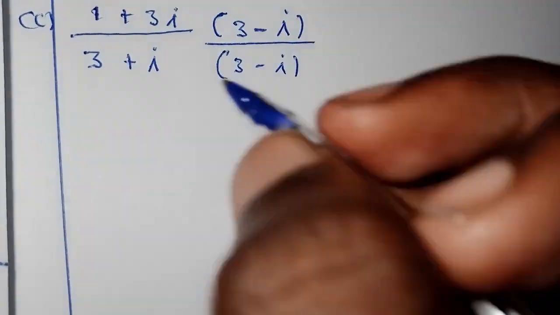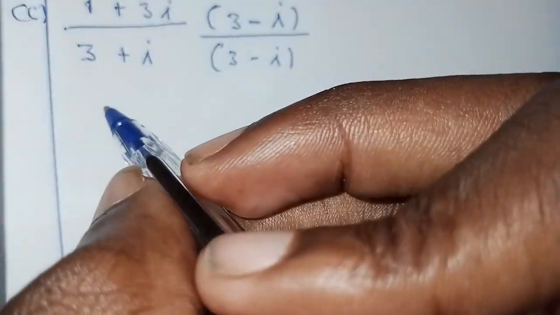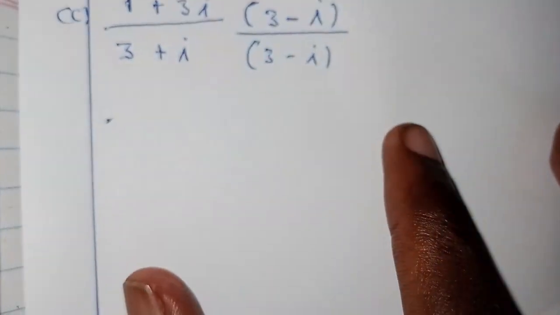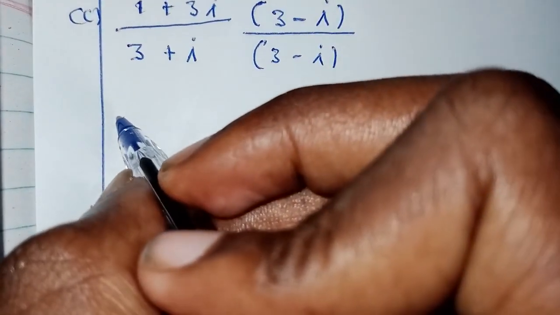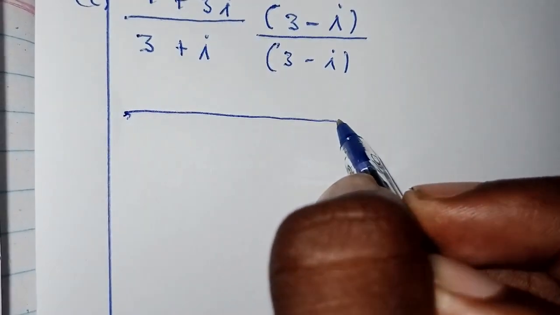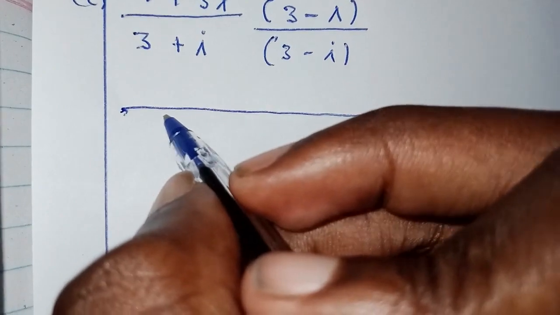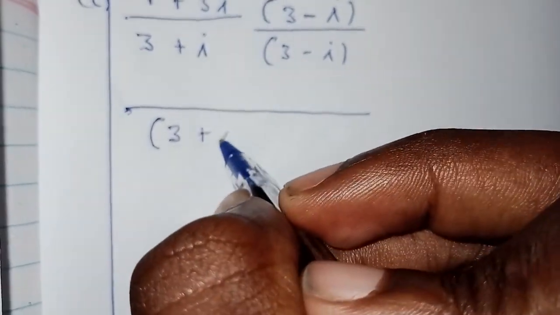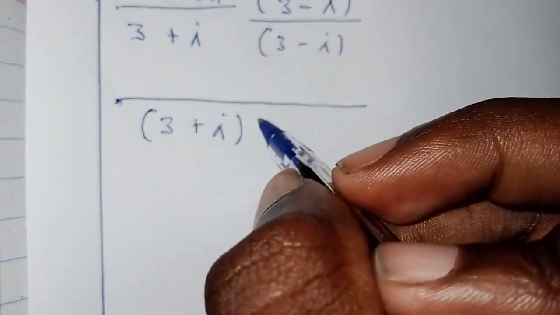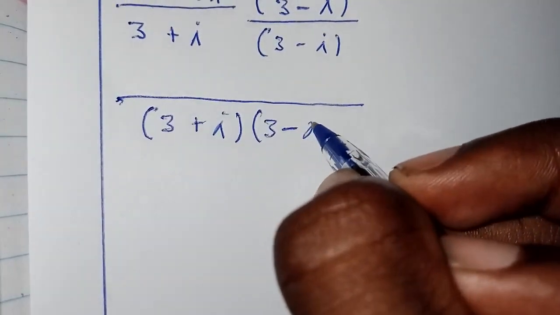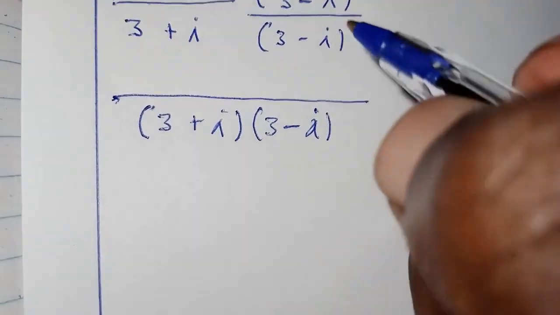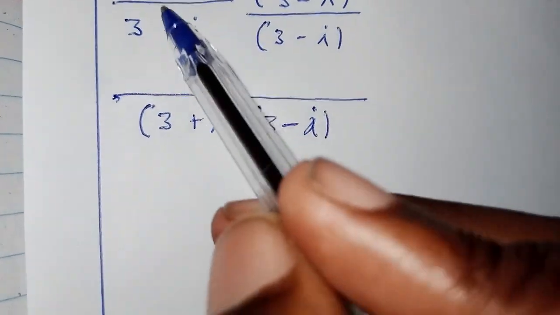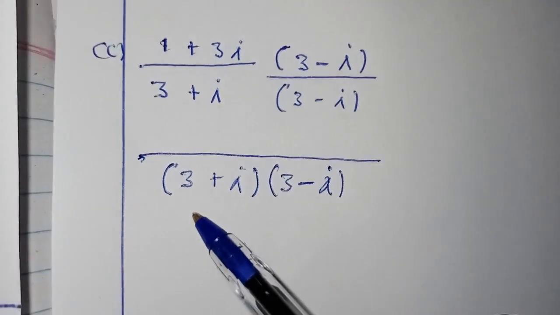From here, we are going to have something like this. So this is just the same as 3 plus i, 3 minus i. Then of course, we are going to multiply everything which is here.